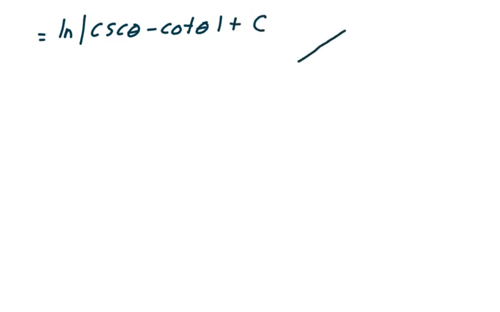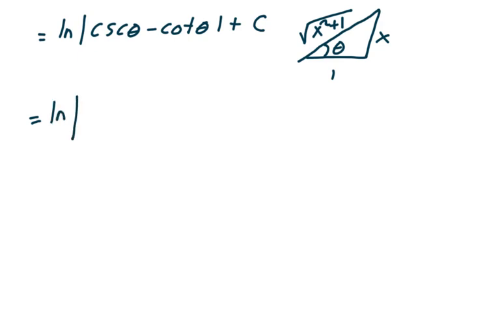But let's go back to our picture. Here's theta, here's x, 1, and the square root of x squared plus 1. So we just have to think about what's what. Cosecant theta, right? So if I replace, cosecant theta is the square root of x squared plus 1 divided by x. Cotangent theta is 1 over x.